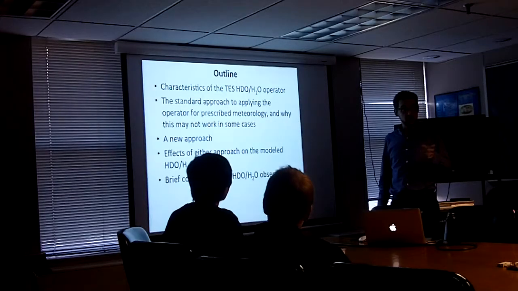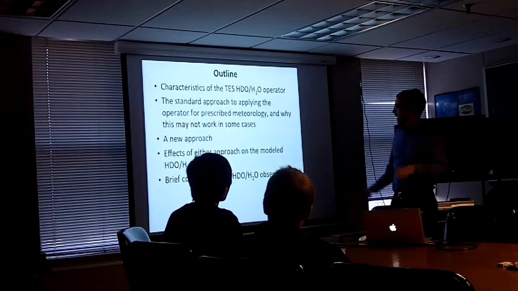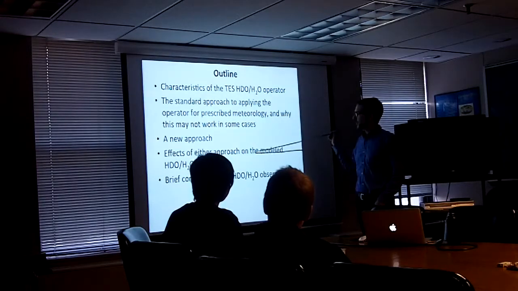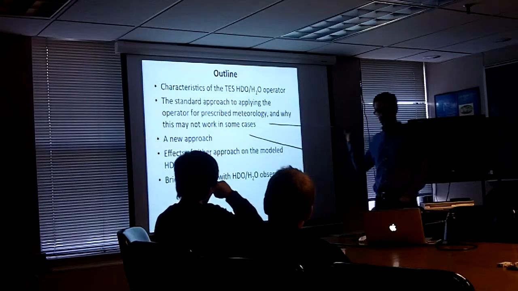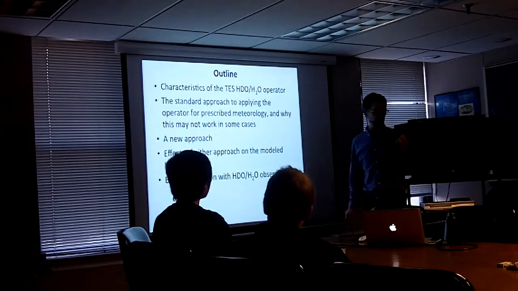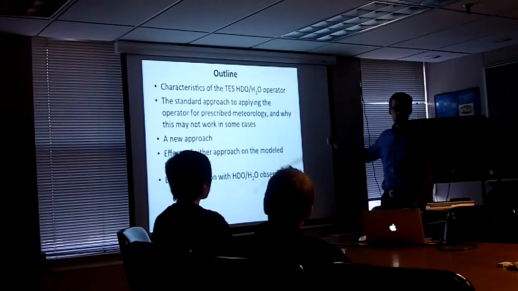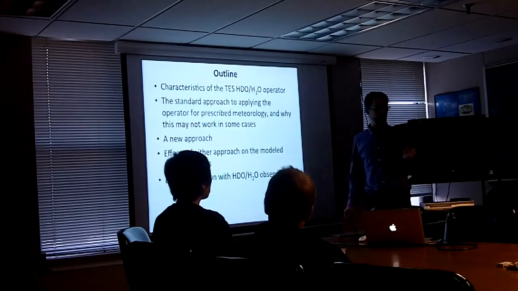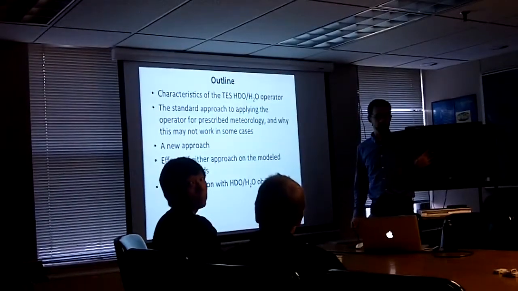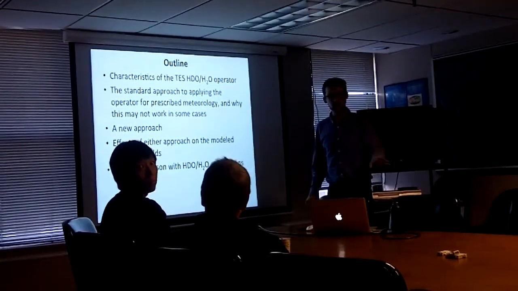We'll describe the new approach that we've built into the model, compare what both do to those raw model fields I showed before, and then a bit of comparison at the end with the actual observations. But I'm mainly going to talk about how we make this comparison, rather than trying to diagnose why these biases exist.